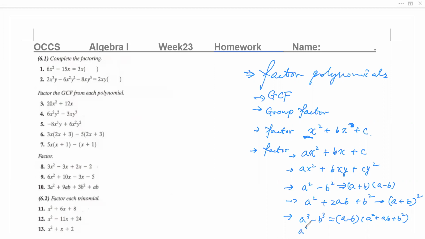And also like this, right? This one can be factored into like this, right? Okay. So that's what we learned. And for this specific situation, we know how to factor this part, right?